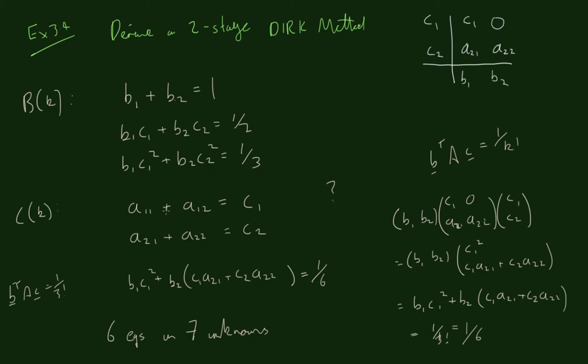So all we do is we specify one of these values and solve for the rest. For example, let's say we let C1 equal 1/4. I've chosen C1 to be 1/4 because it means we get some slightly nicer values in the Butcher tableau, but that's totally arbitrary.